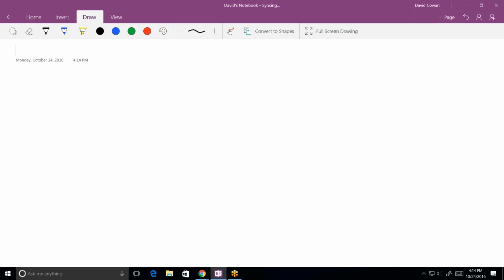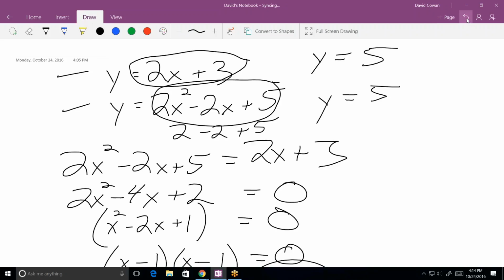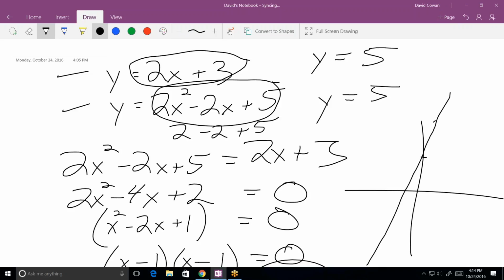Okay, and then they said also graph, right? They said you can verify it by graphing it. I'm not going to have you graph it on your calculator, but I know what the first equation looks like. It goes through 3, has a slope of 2. I know what the second equation looks like, kind of.